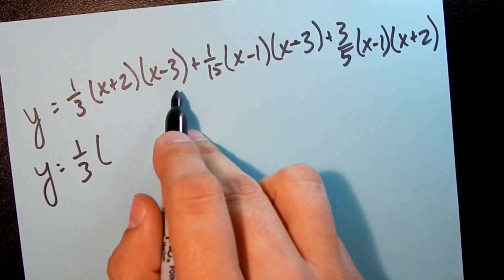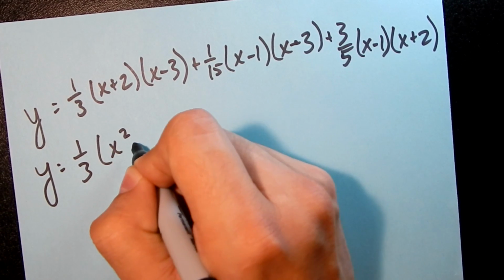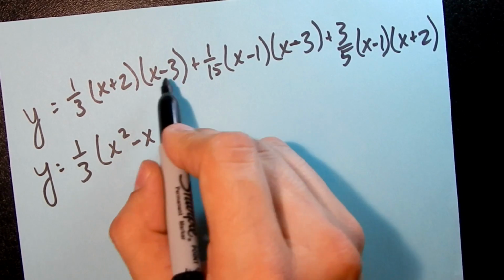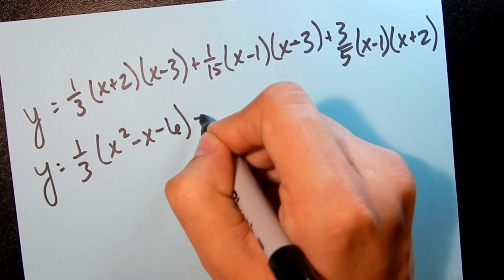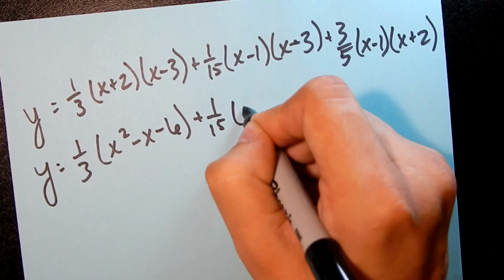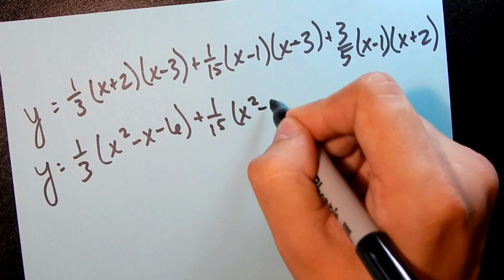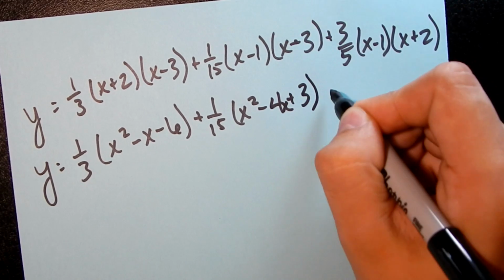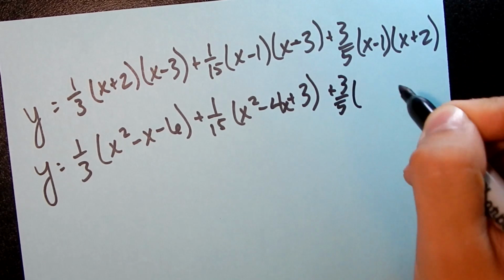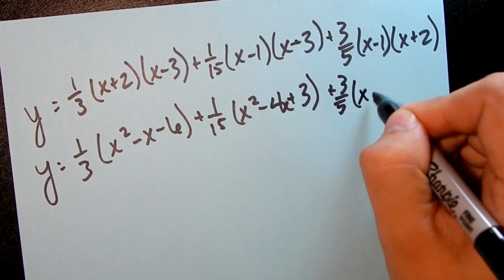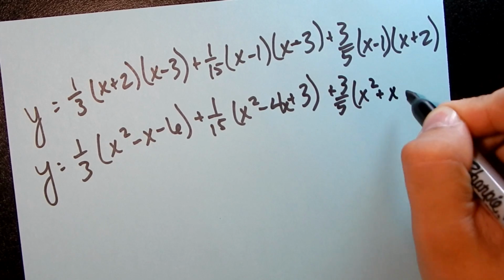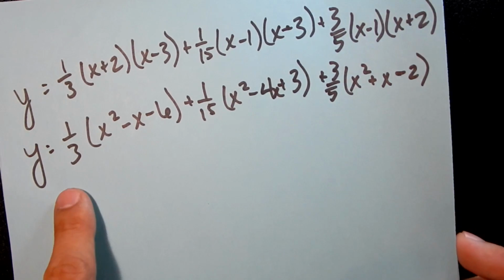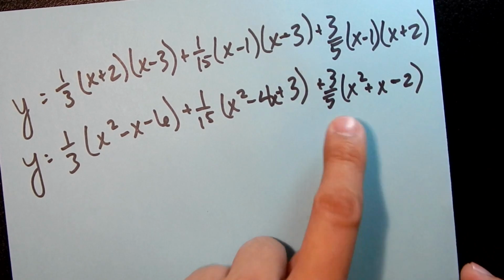If we FOIL these two, I'm going to get x squared minus x, so I do the sum here, and then the product of those two, so I've got negative 3 times 2, that's going to be a negative 6, and then 1/15 x squared, sum of those, that's minus 4, and then the product of those, that's a plus 3, and then 3/5, and then I've got x squared plus x minus 2, and then we have to do some distributing of these fractions inside of there.